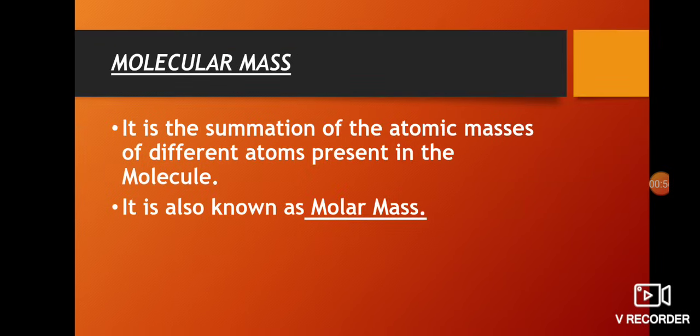Now molecular mass is the summation of atomic masses. Summation means we have to add up. We have to add up all the atomic masses of different atoms present in the molecule. We have talked about atomic mass also.